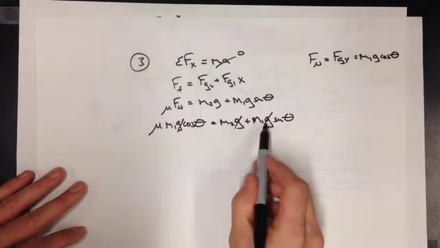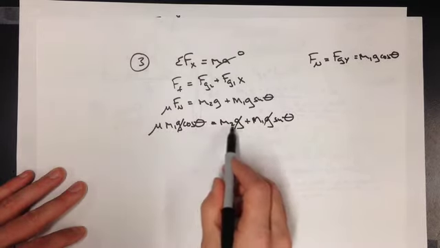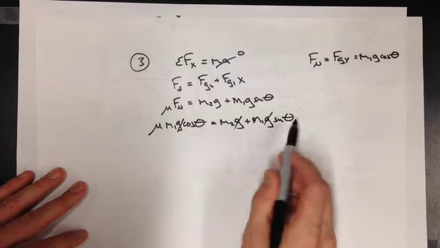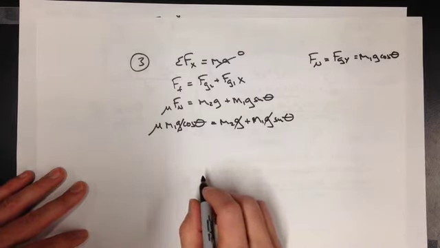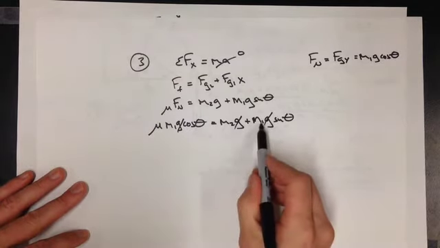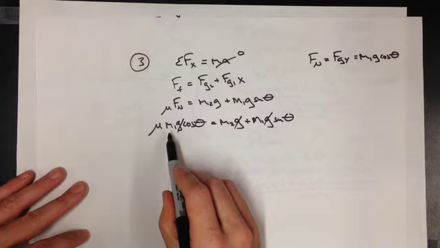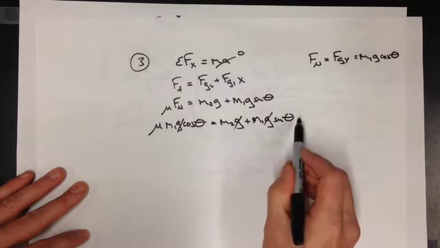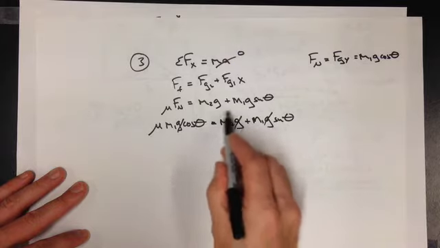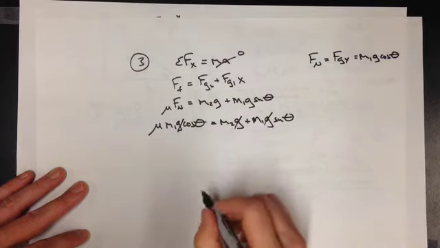Can I cancel out my m's? No, because I have an m1, an m2, and an m1, so I can't cancel those out. So that's where it's important to carry through your subscript. And then let's see here, what's the problem? We're trying to get our m1 to increase to the point where this will equal this value. So really m2 we want to become fairly insignificant.